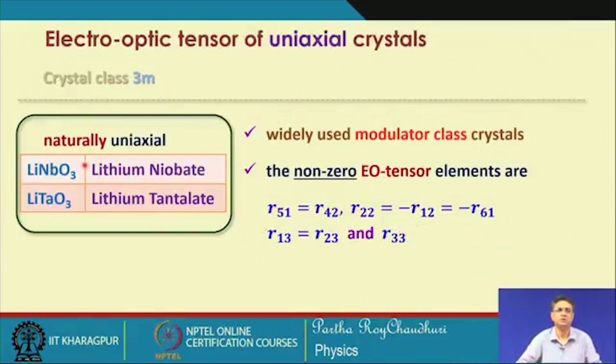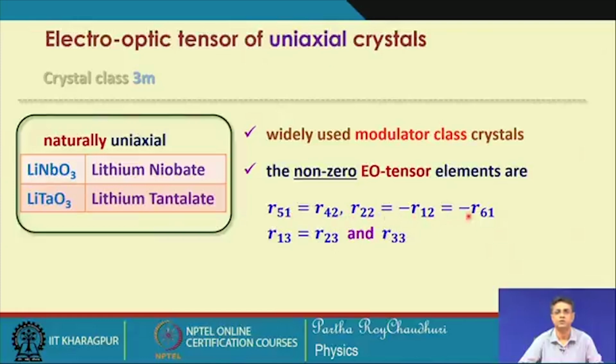Okay. So, this natural uniaxial crystal lithium niobate is very widely used as a consequence of the fact that these properties are very strong and very useful, used in the modulator class. There are non-zero electro-optic coefficients, which are R51 equal to R42.